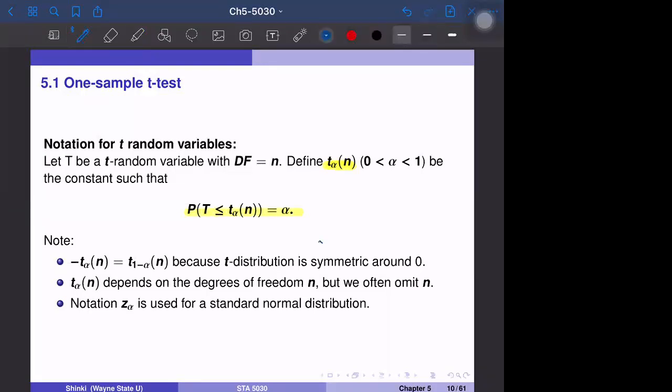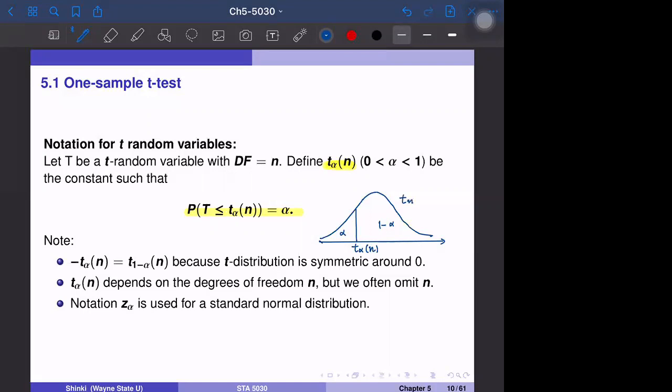So that means if we have area alpha in the T distribution, so here is 1 minus alpha, then we define this point as t sub alpha of n.